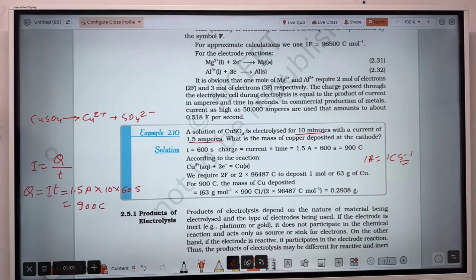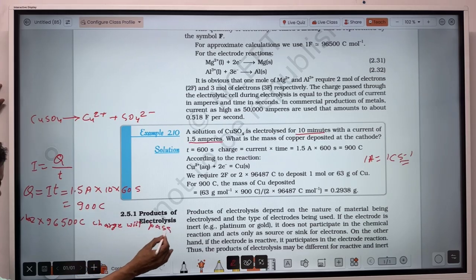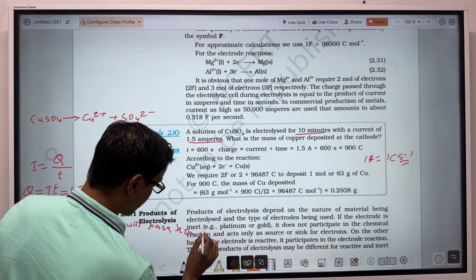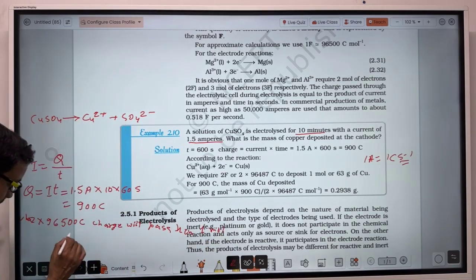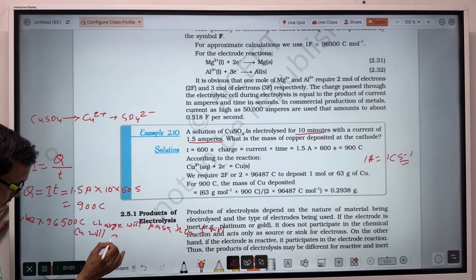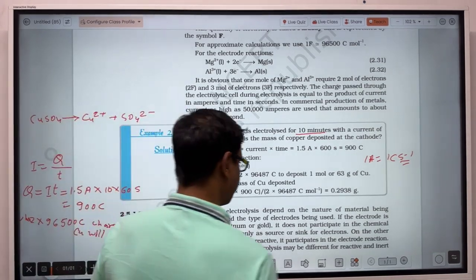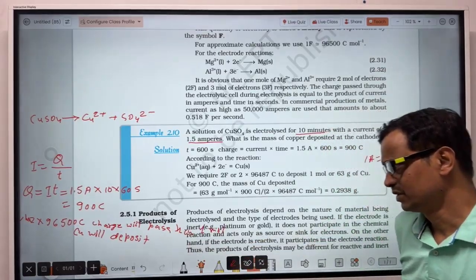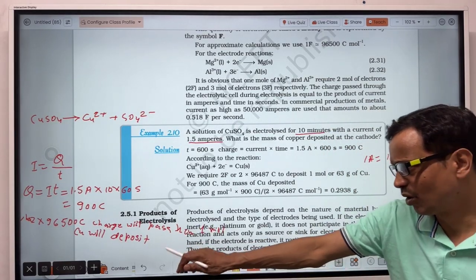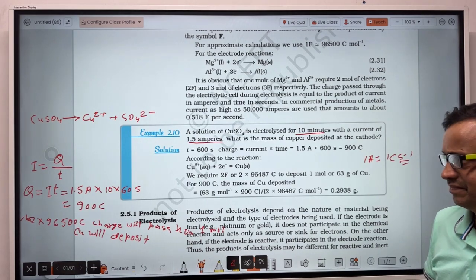So when 2 into 96,500 coulomb of charge passes through the solution, then 1 mole of copper will deposit.